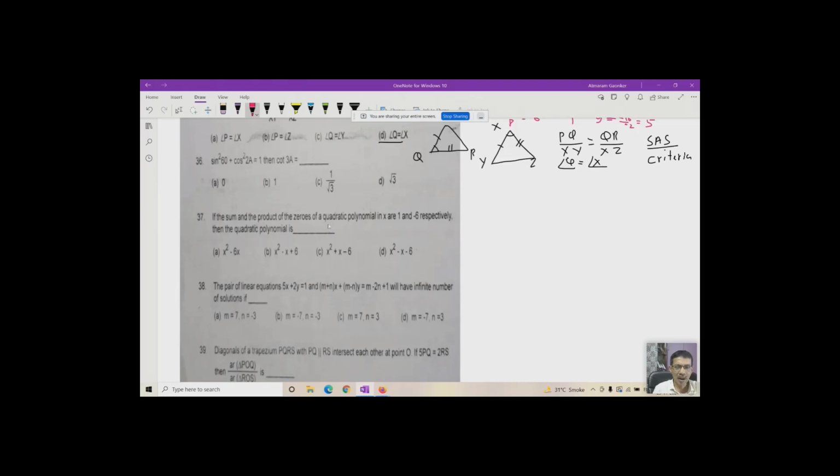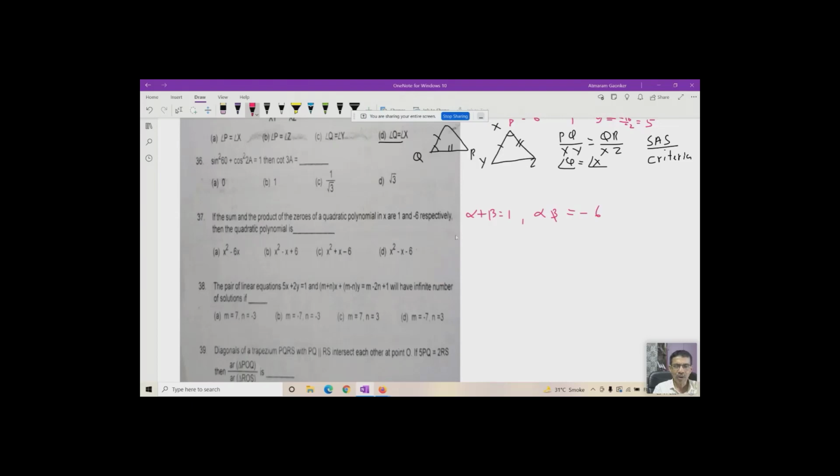Now here the quadratic polynomial is asked. The sum and the product are given. The sum alpha plus beta is equal to 1 and the product alpha beta is equal to minus 6.